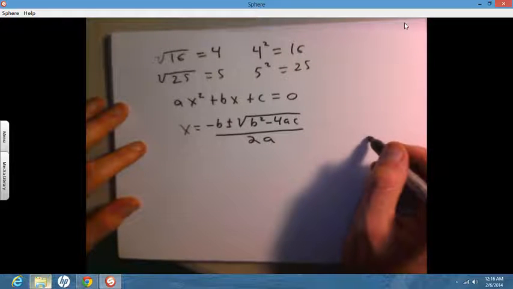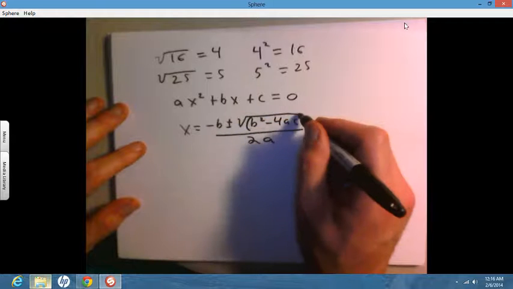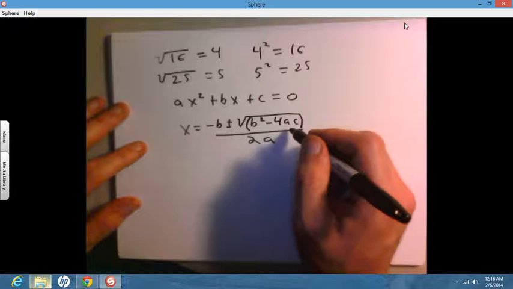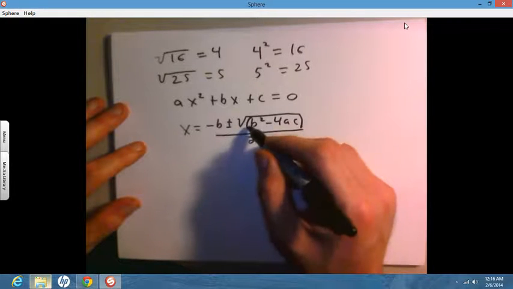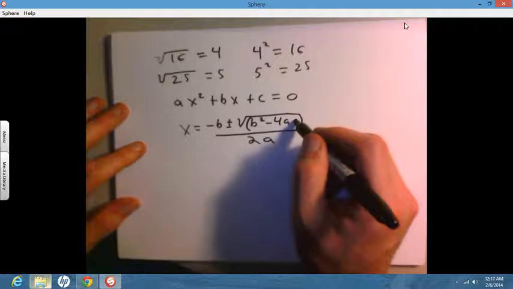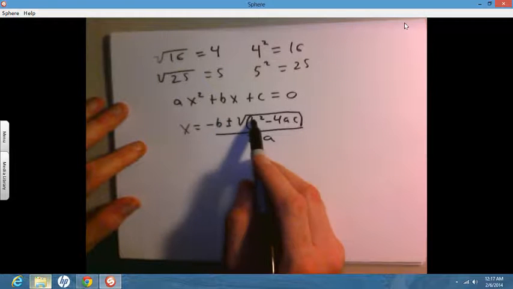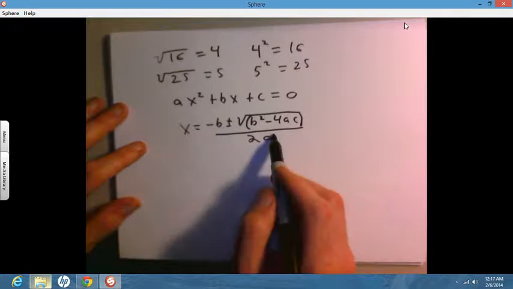Now, this part in here, the b squared minus 4ac, is called the discriminant. It's important because if this is negative, taking the square root will give us an imaginary number. If it's positive, we're going to get negative b plus this number and negative b minus that number, all divided by 2a, to get two different solutions.